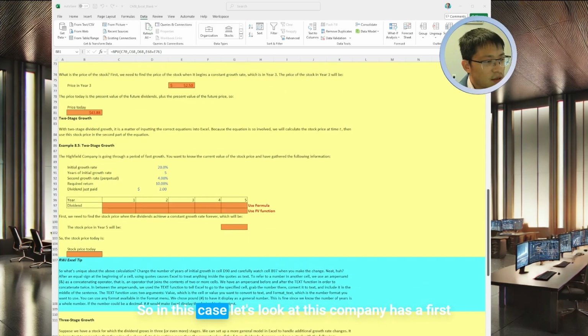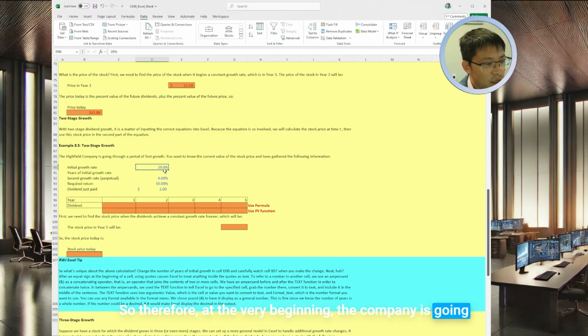So in this case, let's look at this company with a fast first stage and a second stage. At the very beginning, the company grows at 20% for 5 years. For the mature stage, or the second stage, it grows at 4%.